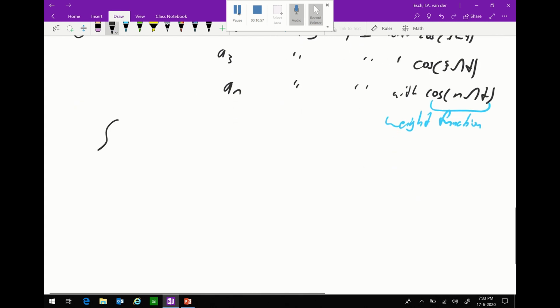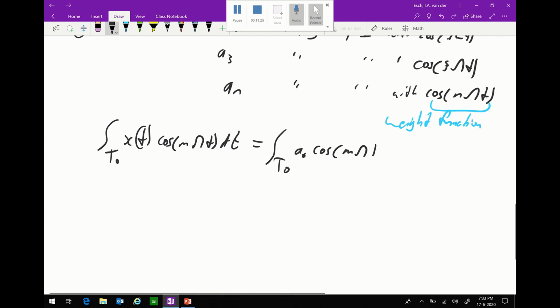So what we then obtain is the integral of x(t) times cosine m omega t dt is equal to the integral of a naught times cosine m omega t, or n omega t, it doesn't matter, plus the integral over the period of all the other terms.